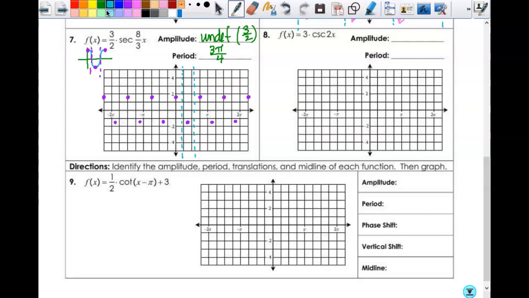And get my asymptotes in there. And then get the rest drawn in.